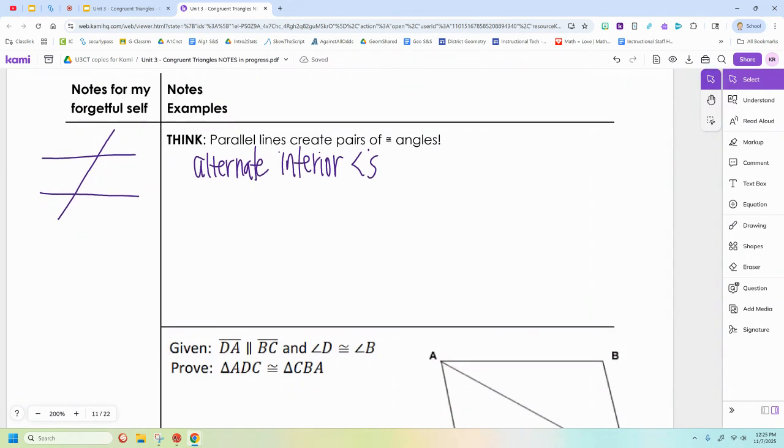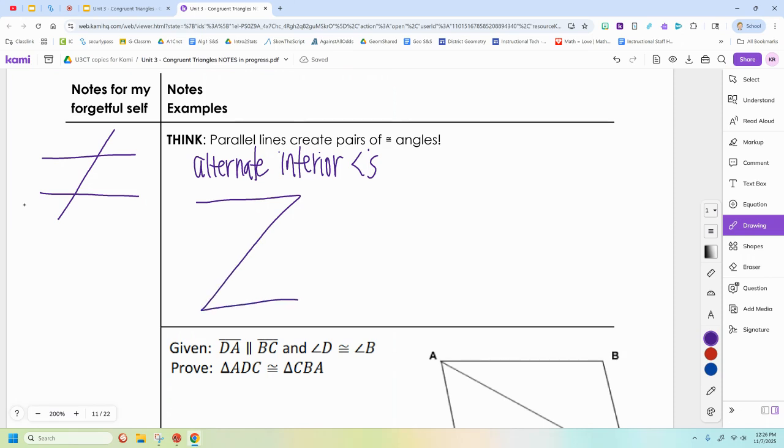So now let's think about how we might see those. I'm going to draw one example. The letter that we look for when we're looking for alternate interior angles is the letter Z. So if I do this and this and this and then connect back up. Did you guys see how I made the letter Z and connected it back up?